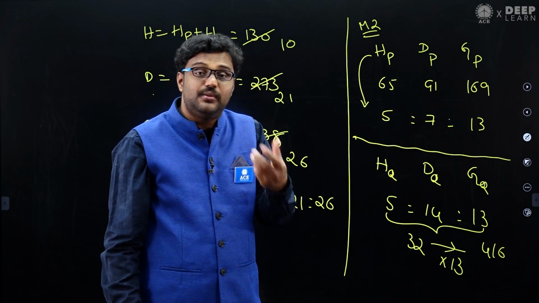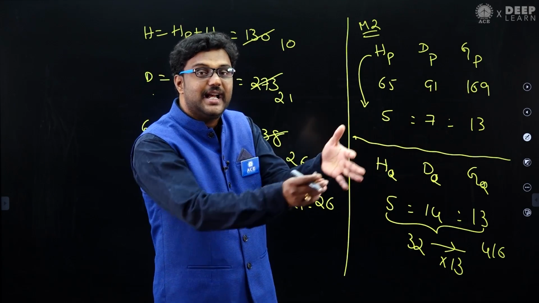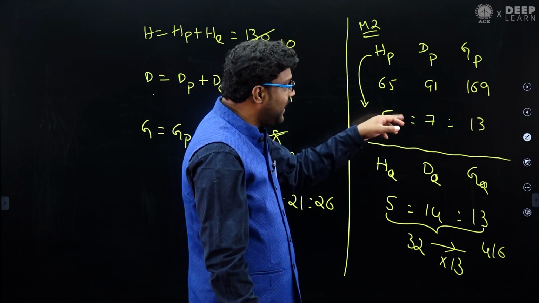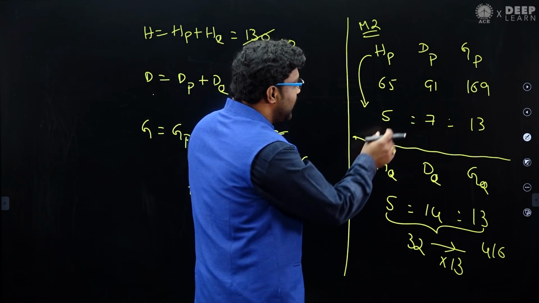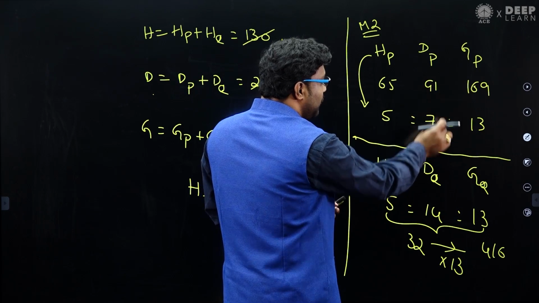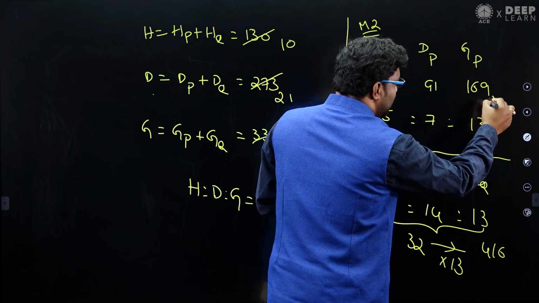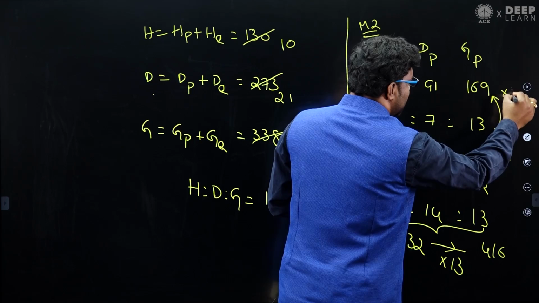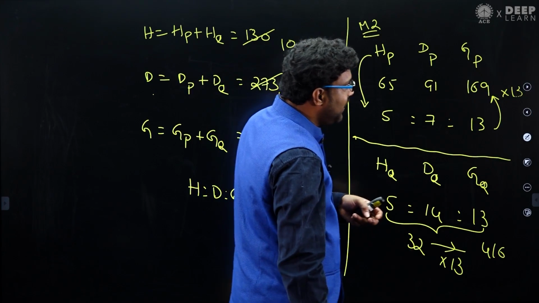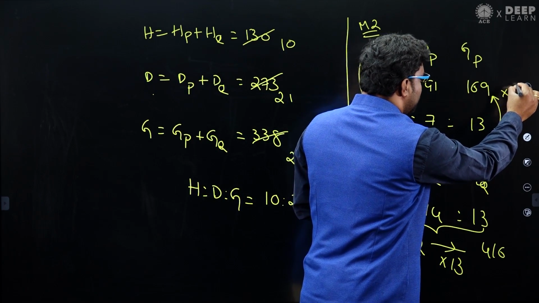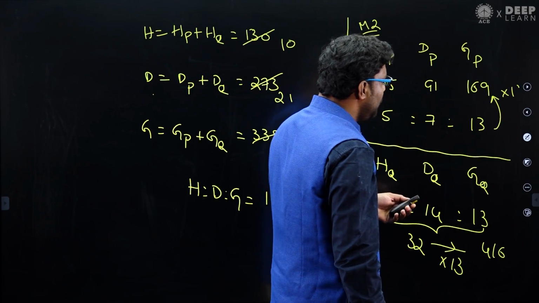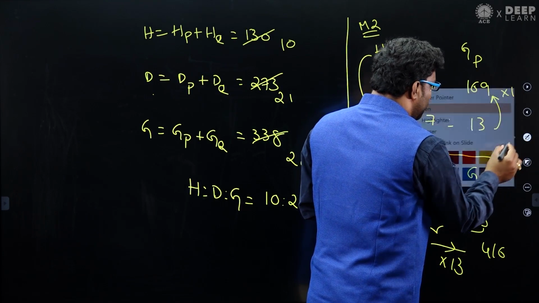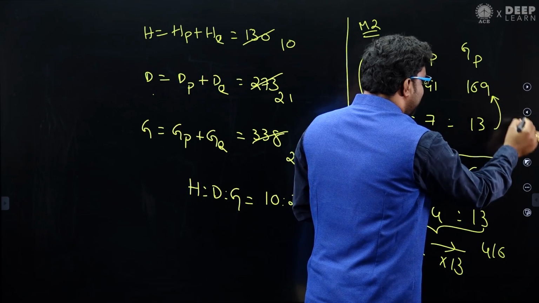As both are into 13, we can add it directly now. The multiplication factor is the same for both. Here also into 13, 5 into 13, 7 into 13, 13 into 13. As you have the same multiplication with 13 in both cases, we can add it directly.